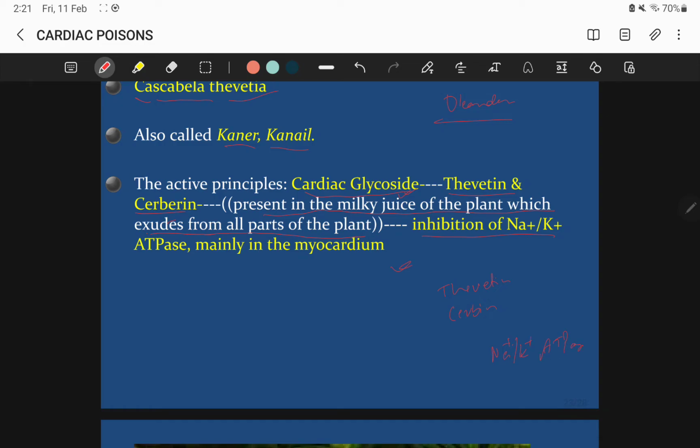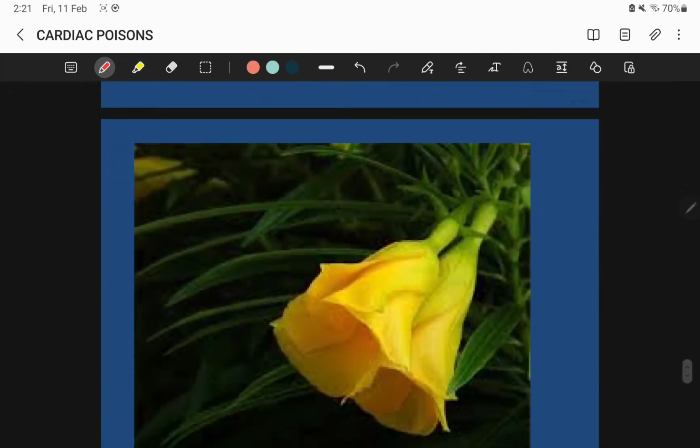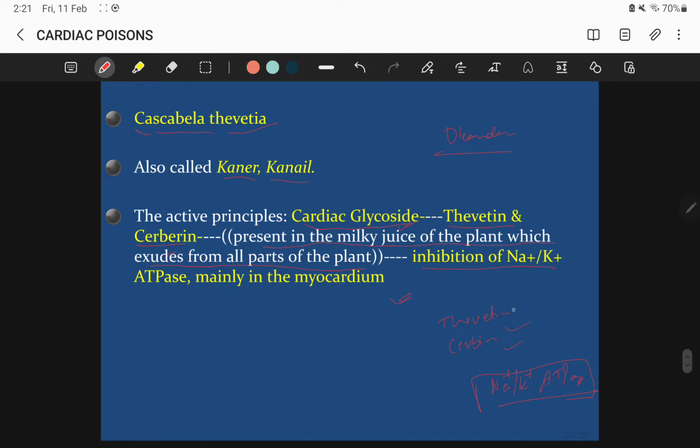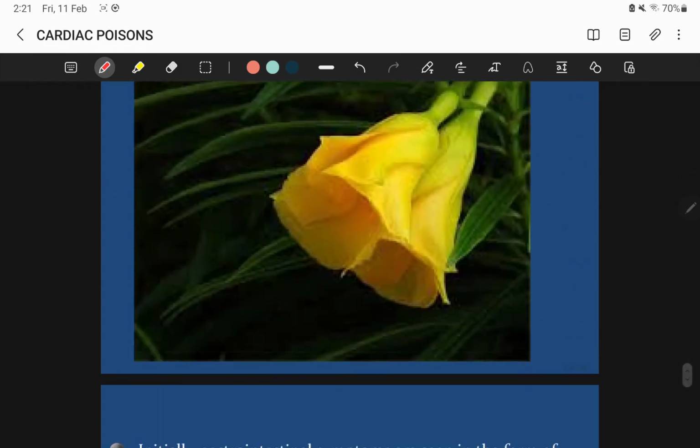So it will inhibit it, and then it will lead to cardiac toxicity. So this is oleander, thevetin and cerberin. All right, so that's all.